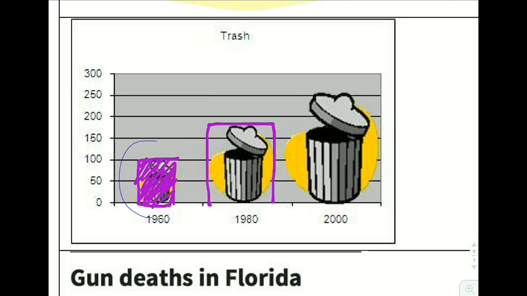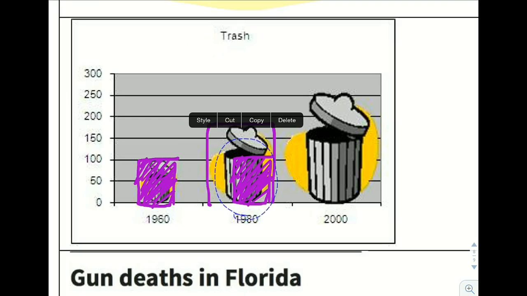But if we were to draw this out and make copies of this, we would see that it takes quite a few to fill it up.